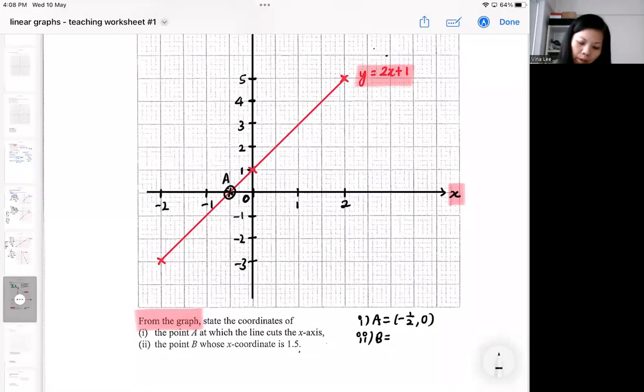When this one is 1.5, what should be the coordinate? Instead of calculating, I will read from the graph. It touches the line, and you read across, and that will become the y coordinate. So this is the point B. You will need to show a dotted line.